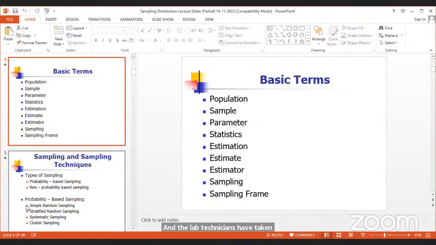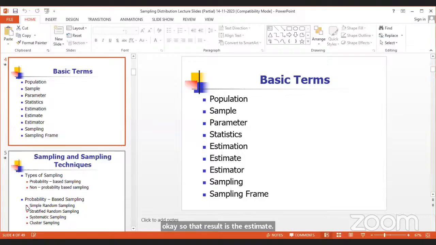They observed it, and then they said a certain element is maybe one per certain unit. That means they have calculated and arrived at the result. That result is the estimate.